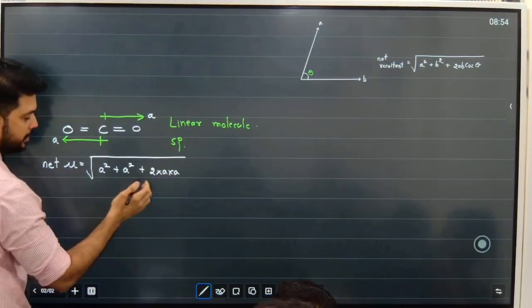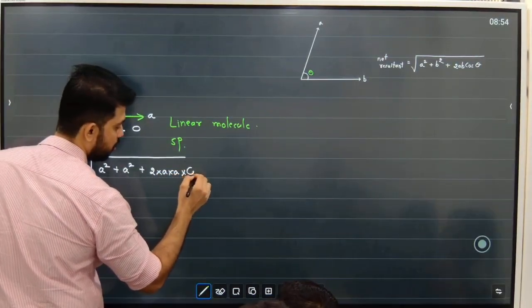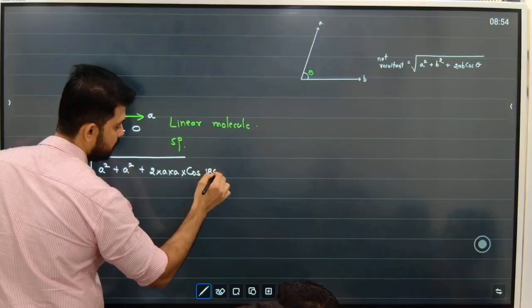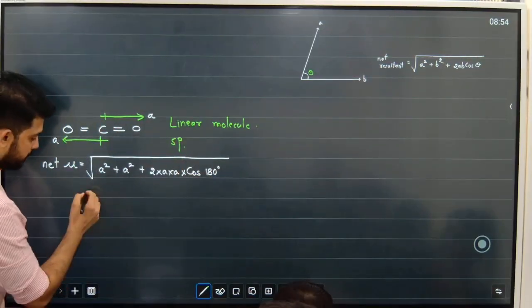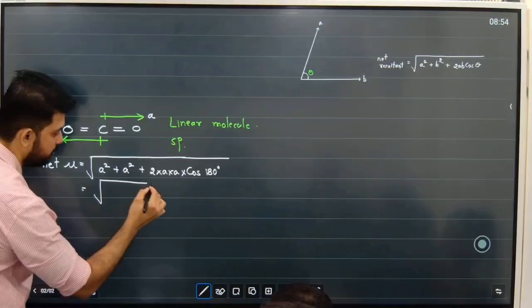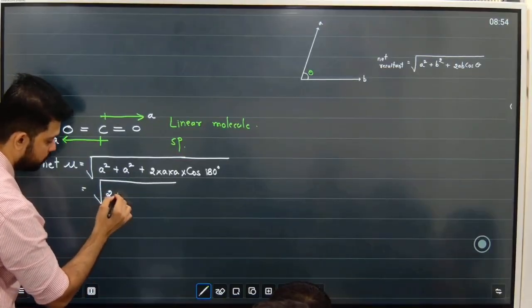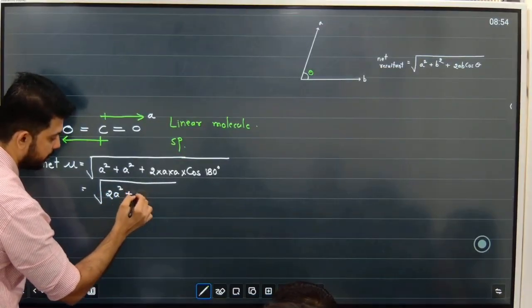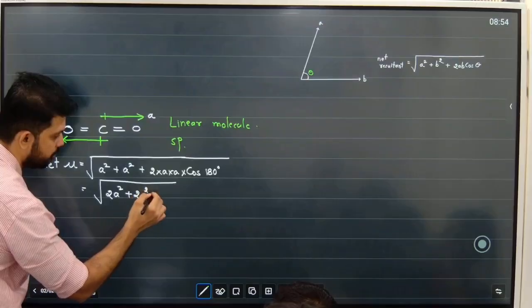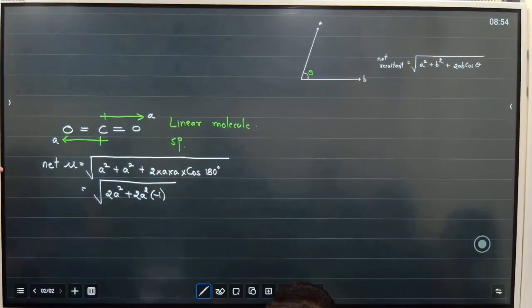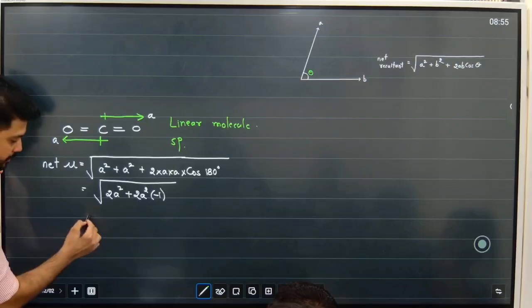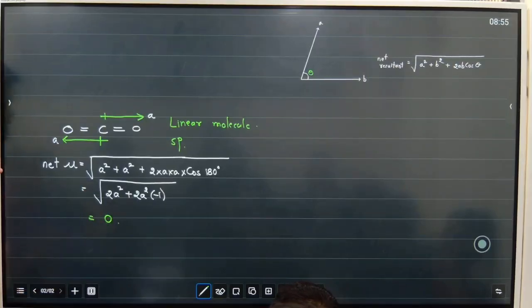Now B is also A over here. How much is the angle? So net dipole here, what is A square plus A square? This will become 2A square plus again 2A square. And what is cos pi or cos 180? So what does the net dipole become here? 0.